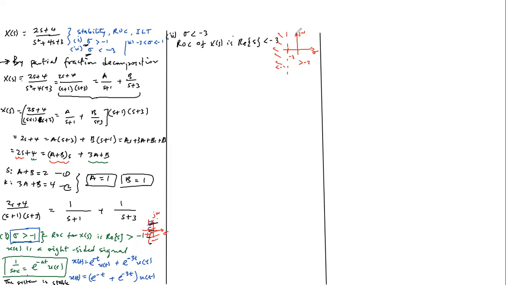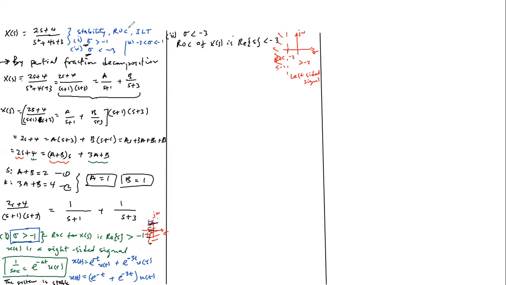Okay, so based on this deduction, we also know that the region of convergence is to the left. So this is a left-sided signal. Left-sided, right? This is the region of convergence. So we can tell this is a left-sided signal.